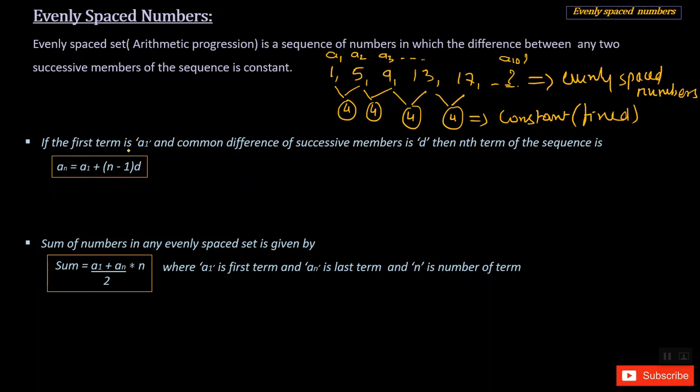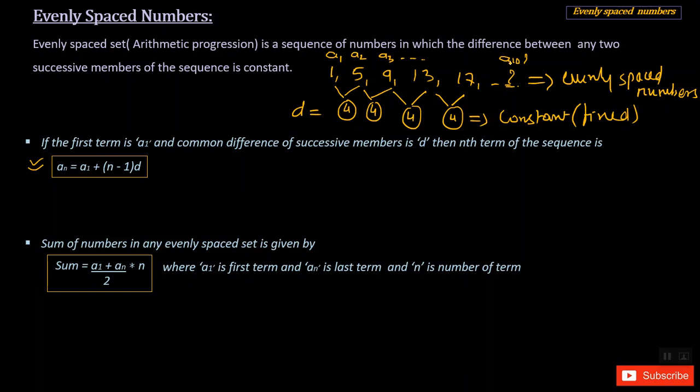If the first term is a1 and the common difference of the successive members is d, which in our case is this value, so the common difference between successive members is fixed, that is d, then the nth term of the sequence is an equals a1 plus n minus 1 times d. This is the formula used to calculate the nth term.